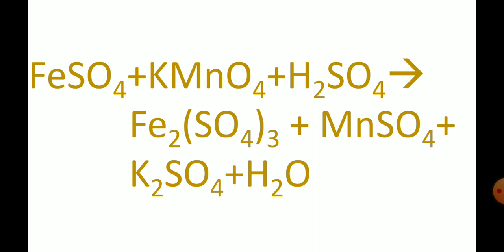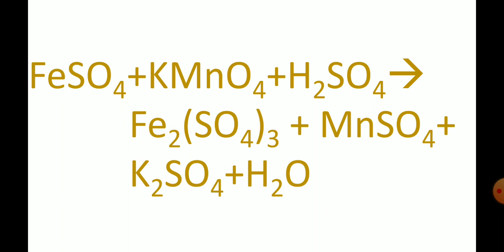So the chemical equation given is FeSO4 plus KMnO4 plus H2SO4 gives Fe2(SO4)3 plus MnSO4 plus K2SO4 plus H2O.